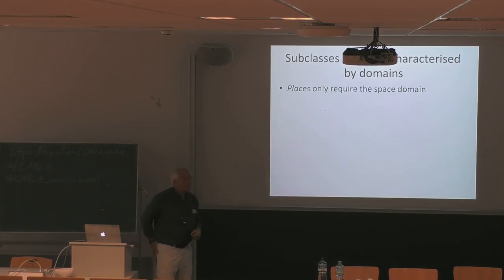If you talk about a place, about Osnabrück or the main square or whatever, they only require the space domain. I don't need anything but the location to identify a place. I can give it more dimensions. I can say that it's a big place, a nice place, or dangerous. I can add more. But basically, places only rely on the space domain.